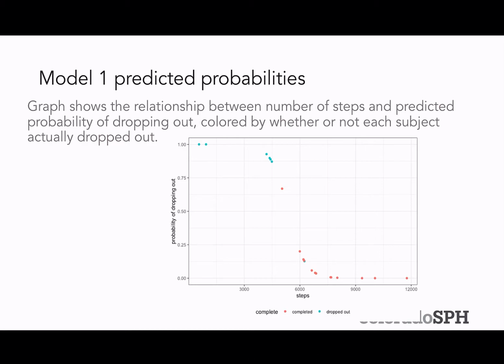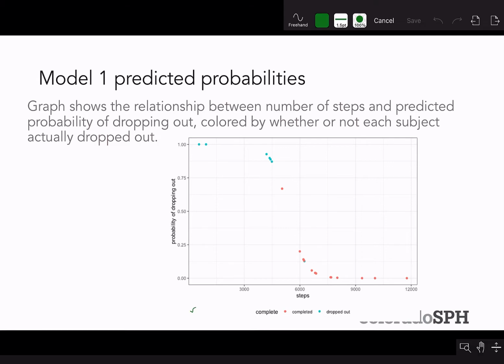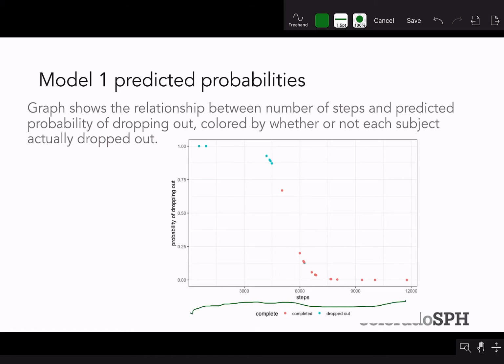So this plot shows predicted probabilities from Model 1. For all the different values of number of steps per day that you can take, these are the predicted probabilities, the pi hat values, which is the probability of dropping out. And then I also colored this by your actually observed outcome, where blue indicates that you dropped out, and red indicates that you did not.